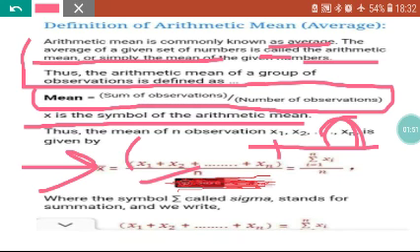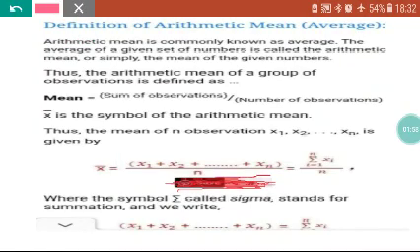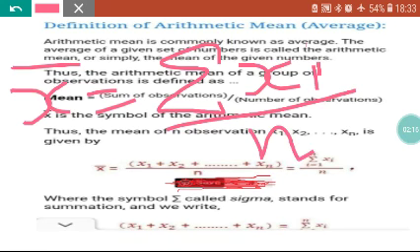So we can write that mean as x bar, the symbol of mean, is equal to the summation of xi divided by n, where i is equal to 1 and its last limit is n.